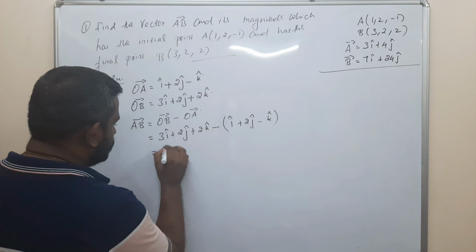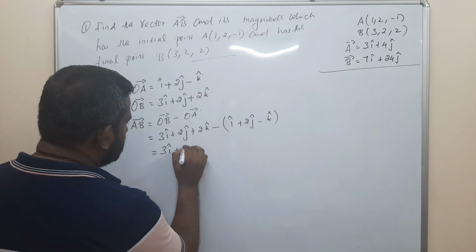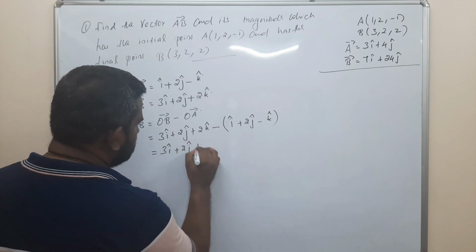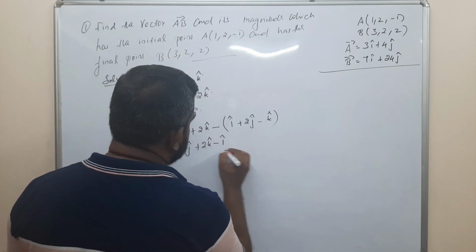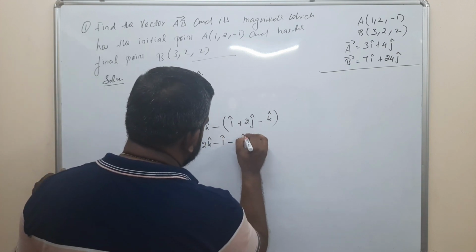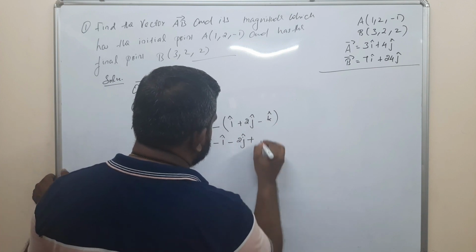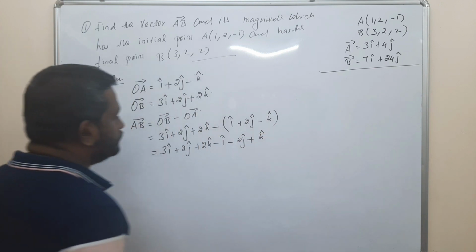So that's equal to 3 i cap plus 2 j cap plus 2 k cap minus i cap minus 2 j cap, minus into minus k cap.